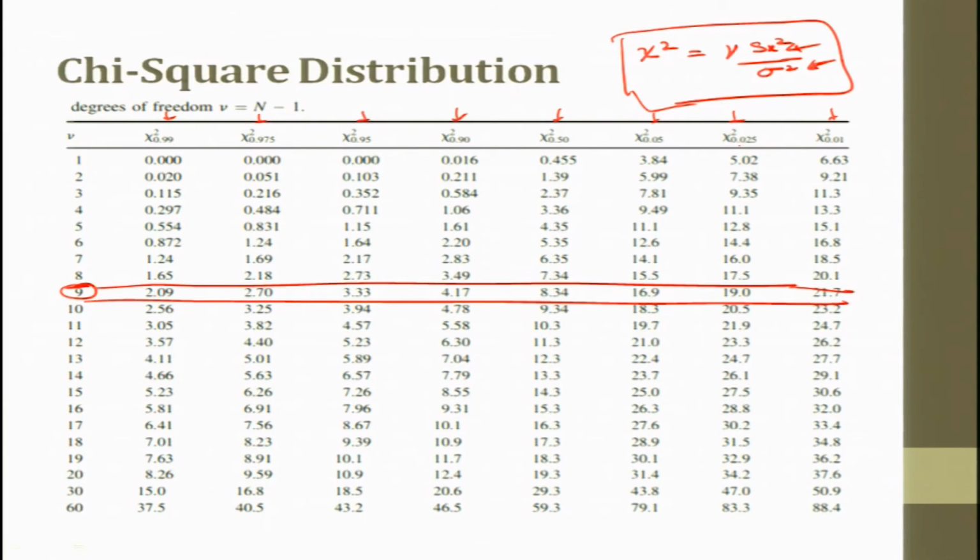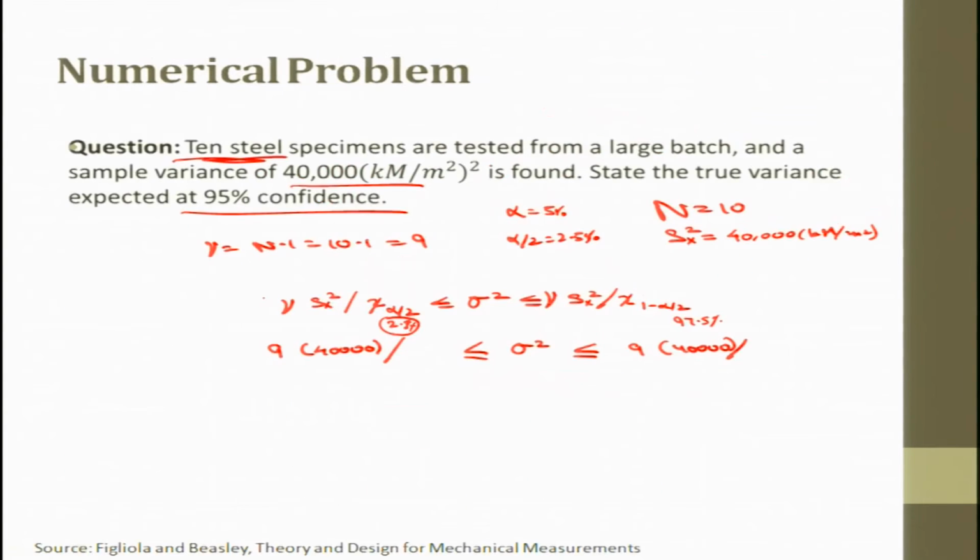For 0.025 the value is 19, and for 97.5% the value is 2.7. So these two values are there. This value is 19 for 0.025, which is 2.5%. For 97.5% the value is 2.7. So let me put these values here. For this the value is 19. For this the value is 2.7.